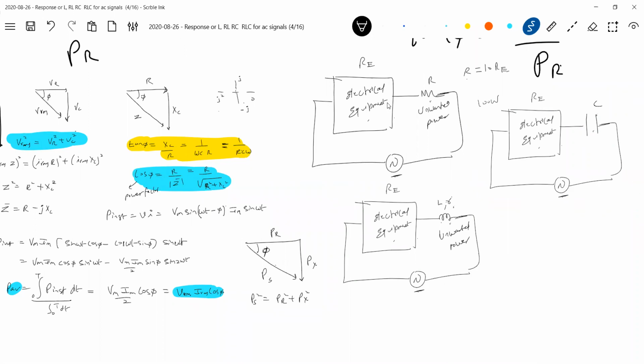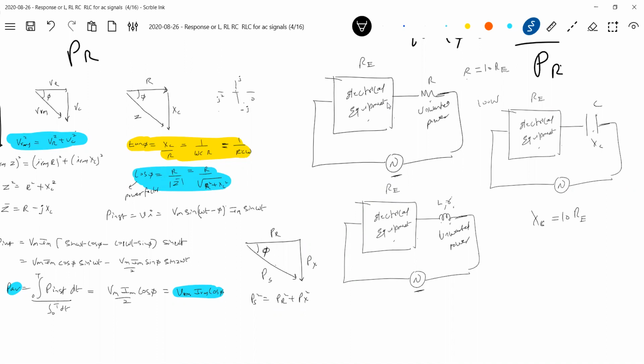Now let there be a capacitor. Then I'll make XC very much greater than RE, or 10 times RE. A fuse cannot withstand very high currents and very high voltages. There is some limit. That's why the capacitor is brought in here.